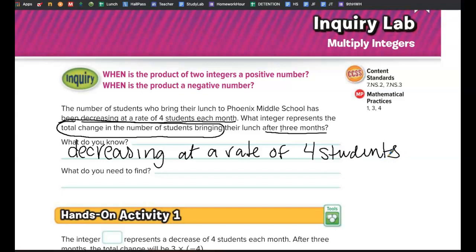We're going to look at 3 months. Okay, so after 3 months, what are we trying to find? Jada?